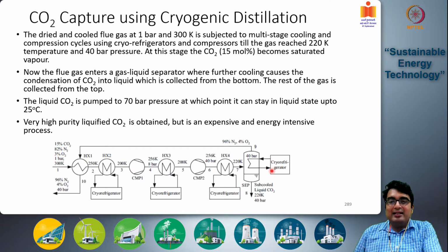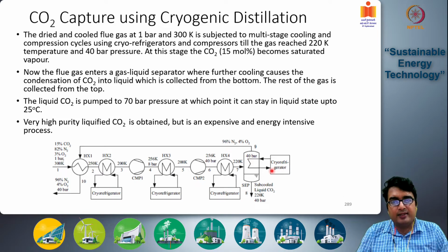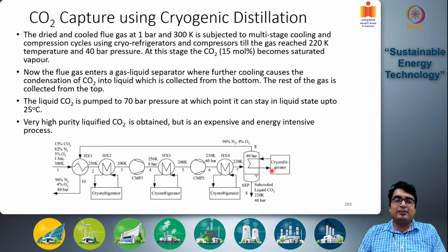So while this is more energy intensive, if you think of it only as a CO2 separation unit, it may actually be competitive if you think of this as a combined technology which both captures and generates an easily storable CO2 system. Okay. So that is one of the advantages of cryogenic distillation. Yes, it is expensive, but you are getting high purity CO2 in an easily storable method. Okay, liquefied compressed CO2. Okay.